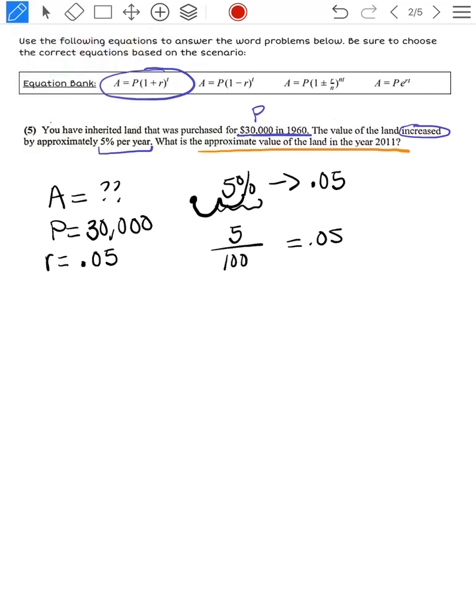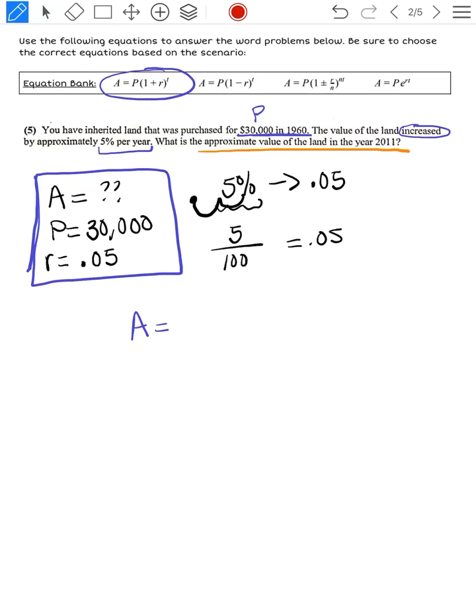Before we go to answer the question, most of the ones we'll see have 2 parts and first ask you to write the model. So the model just means, in general, can you represent this situation? If I got some land that was worth $30,000 and it increases at 5% each year.